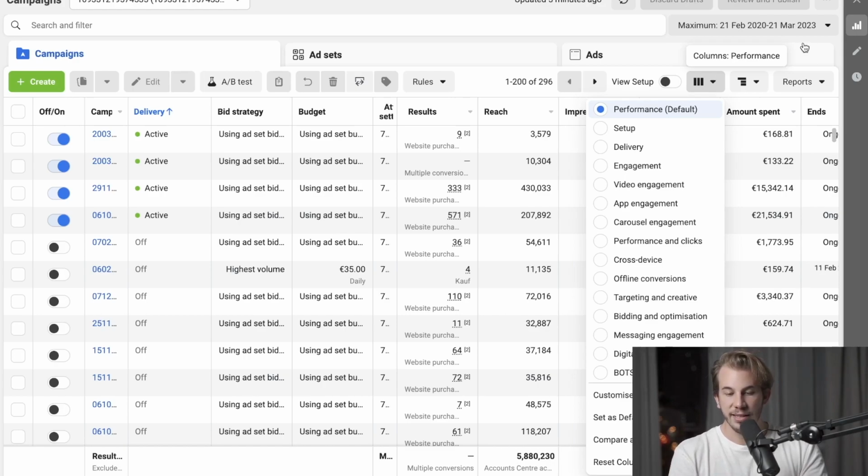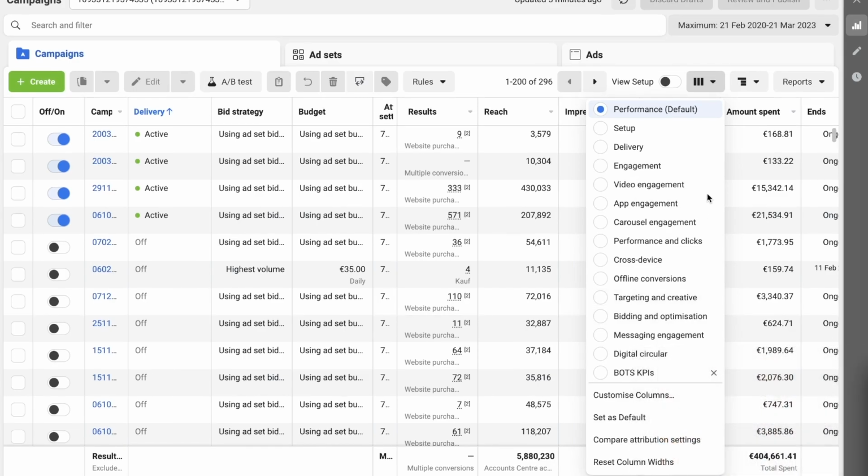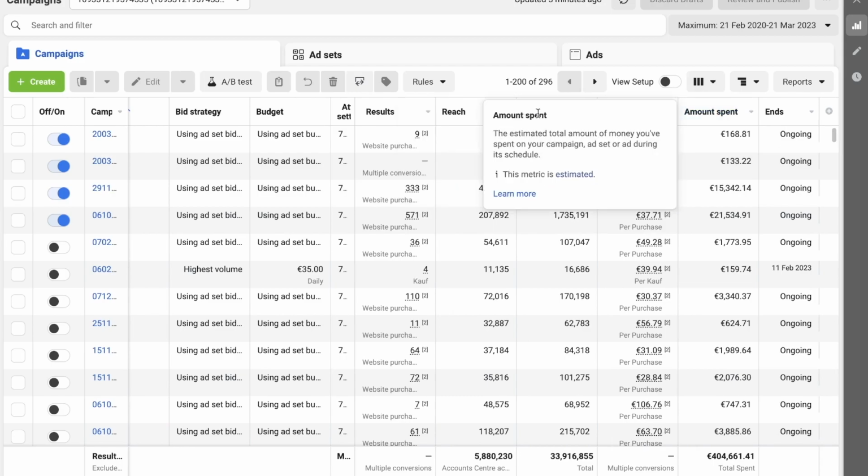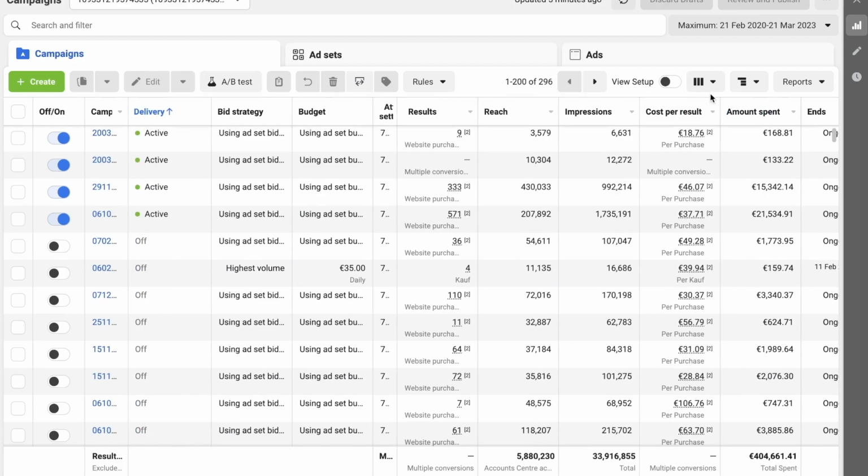And one of the most important things actually is to go in here and create your own columns. So all these different things here, if I click on one of these others, it would change the different KPIs that are shown to me here.